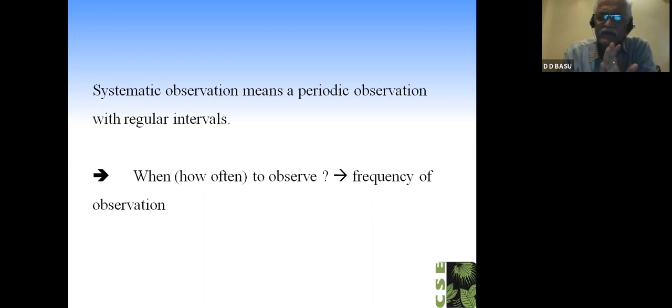If it is not, once in a month. Our experience says once in a month is very good because seasonal variation takes place in water quality, unless there is an abrupt wastewater discharge. Next.